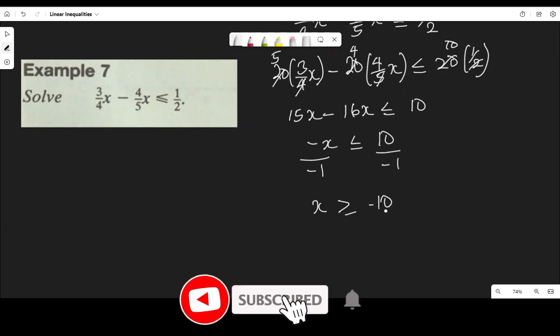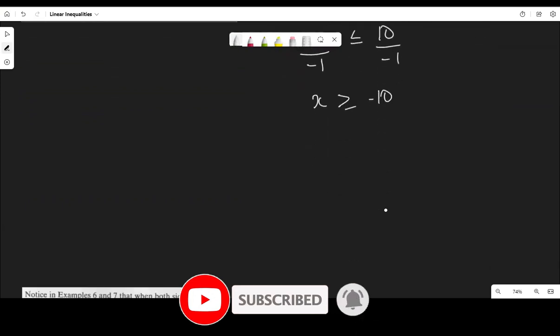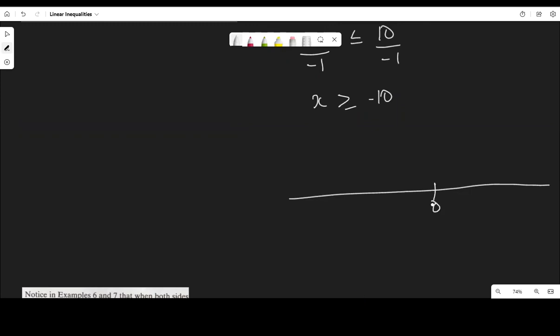So if I were to represent this again on the number line, we have something like this. Let's assume this is my 0, but I have more of negative. 1, 2, 3, 4, 5, 6, 7, 8, 9, 10. Let's assume this is my negative 10. This is negative 1, negative 2, and so on down to negative 10.